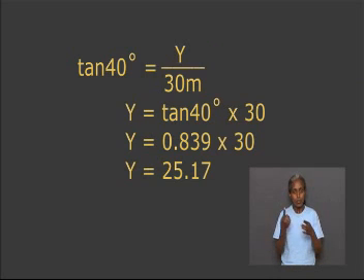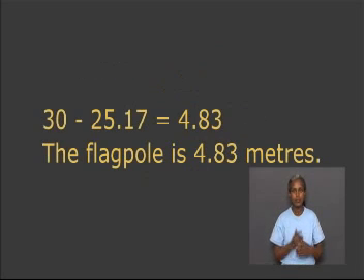When we multiply that by 30, the product is 25.17. Then we subtract 25.17 from 30. The result is 4.83 meters, the length of the flagpole.